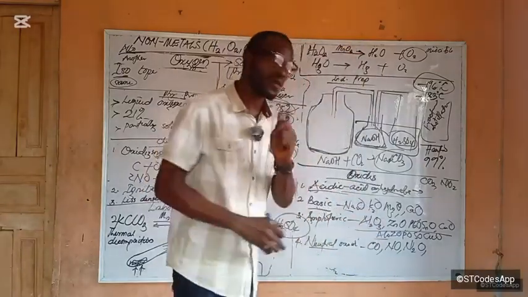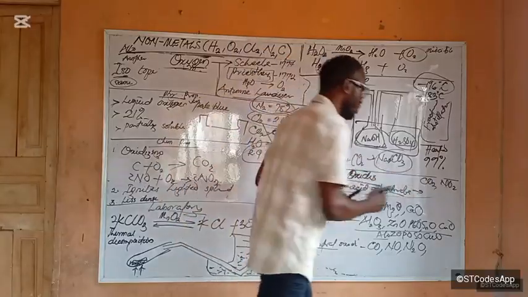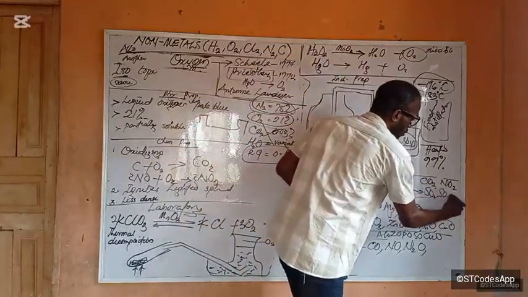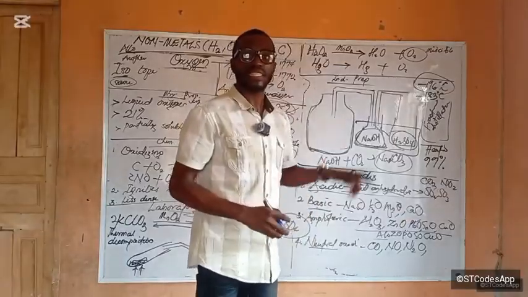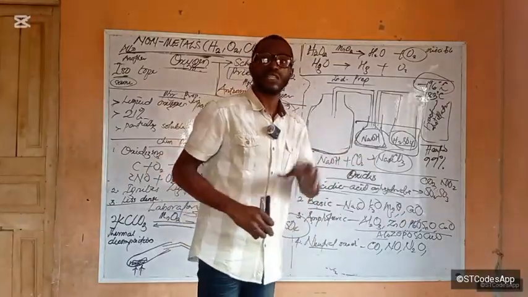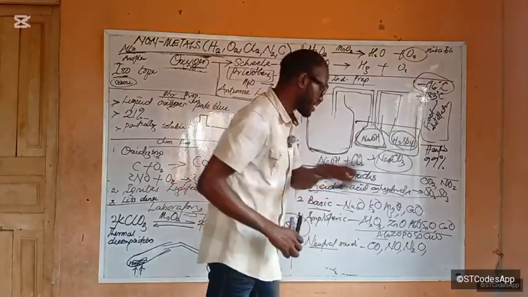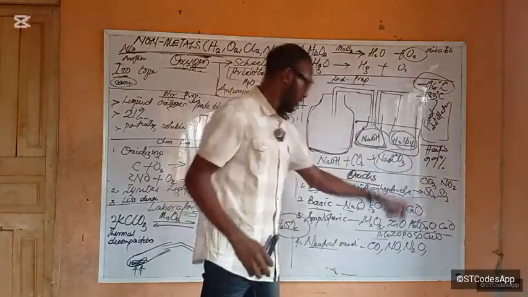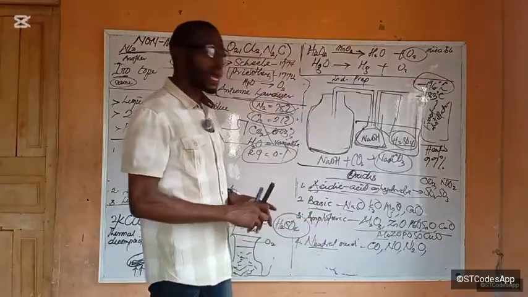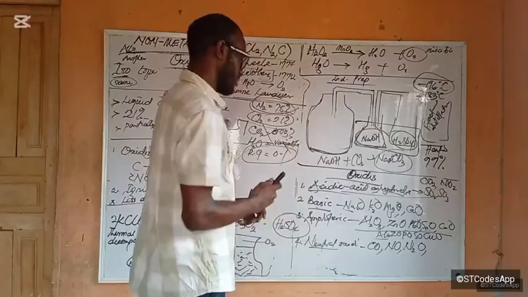Don't forget, they are not acidic. The ones that are acidic are SO2 and SO3. Higher oxides are acidic; lower oxides are neutral. Don't forget that.